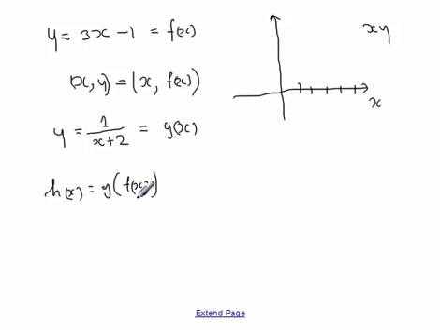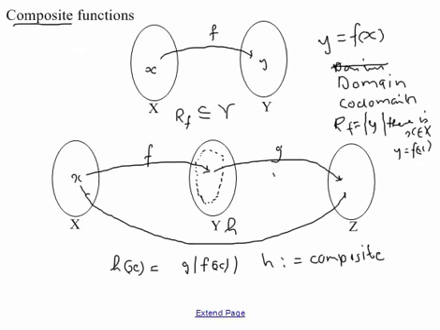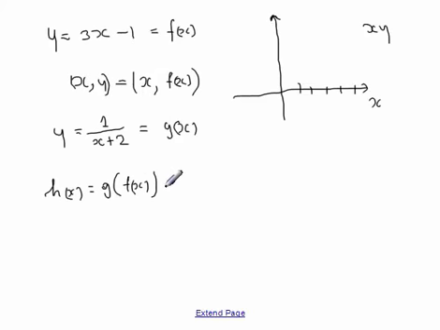The way it's written here, I wrote g first and then f, but I'm writing it as g after f. Why am I writing that as g after f? You must go to the schematic here. It is f, then it is g. So when I say g after f, you must have this picture in your system.